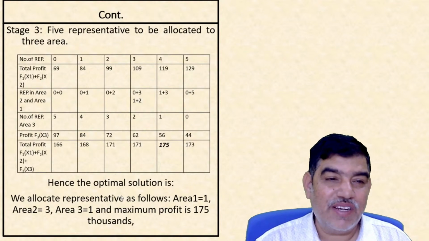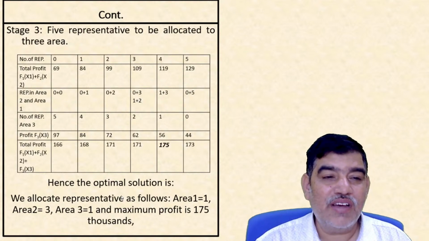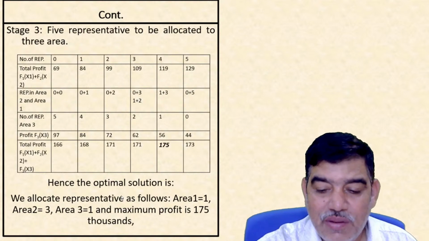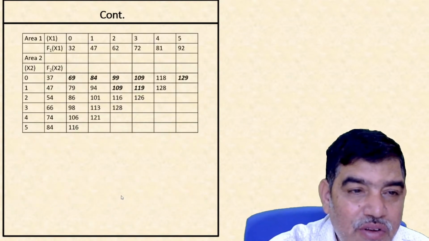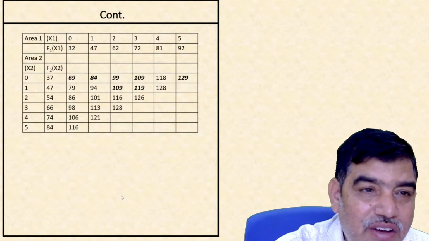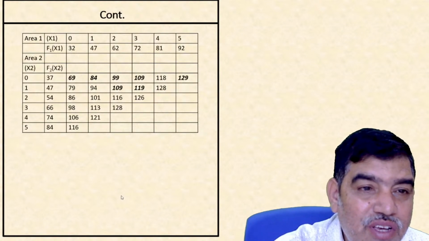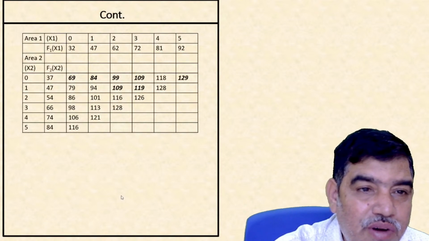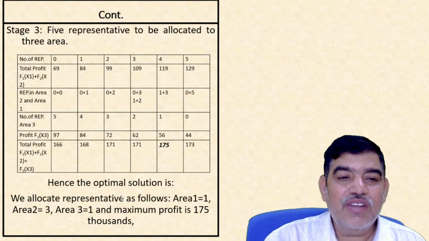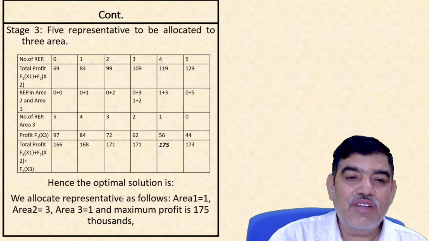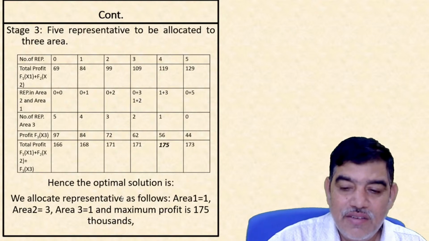Then in the third row I am representing representatives in area 2 and area 1. So what happened in this row: look here, 69 is by the combination of 0, 0 representatives. 84 is the combination of 0 and 1. 0 plus 0, 0 plus 1, that is 84, 0 plus 2, that is 99.